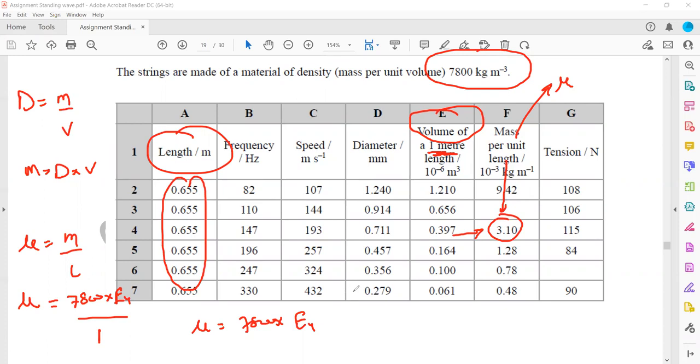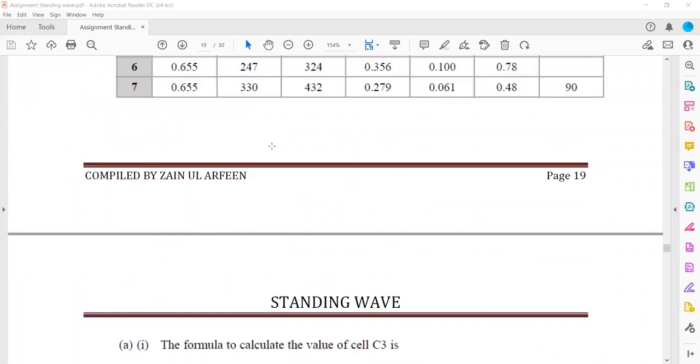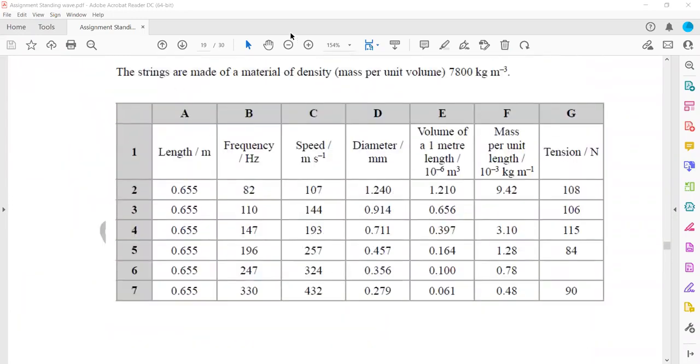Yes, sir. Clear. Why using E4? Because in the question, they ask us to calculate how F4 is calculated. Cell F4 is a mass per unit length, or we can say mu. How to get the mass?